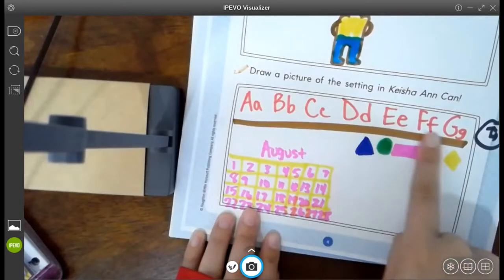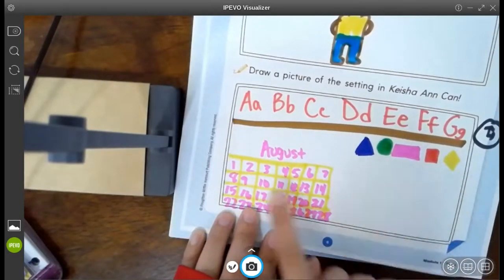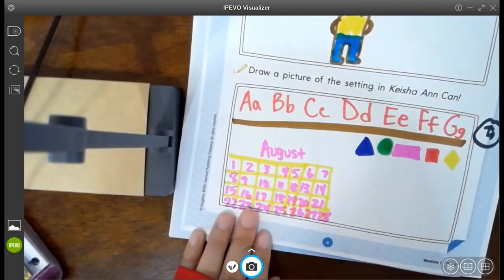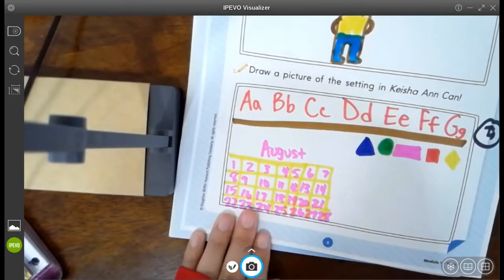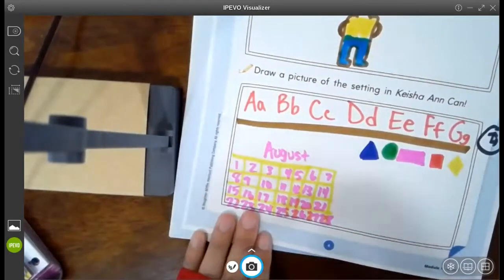I saw some ABCs at the top, and I saw some shapes, and I saw the calendar in the school. Go ahead and finish drawing your school. When you're all done, go ahead and give yourself a pat on the back.